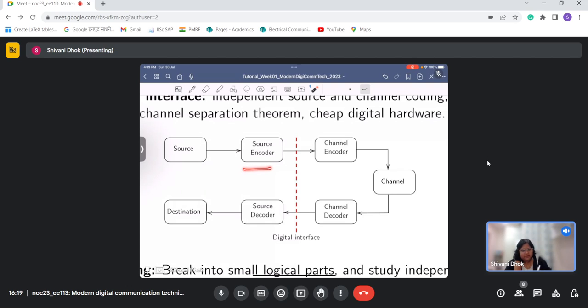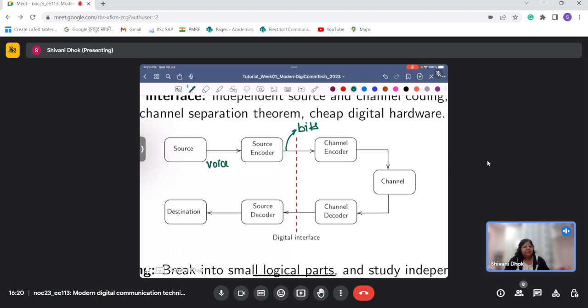The source encoder will encode that waveform, and then this will generate some bits. And then we have the channel encoder. Now this source encoder will be constructed based on whatever analog waveform the source is generating. For example, if this is a voice signal, the corresponding source encoder will be there, and it will generate the bits.